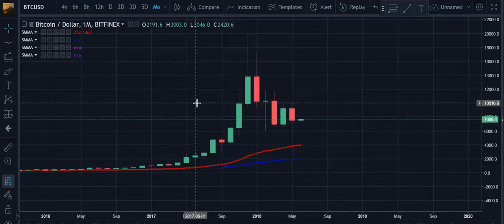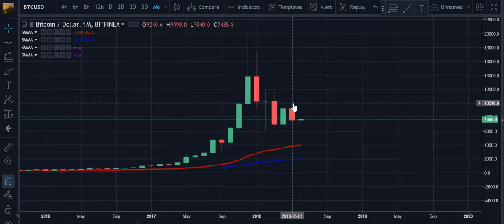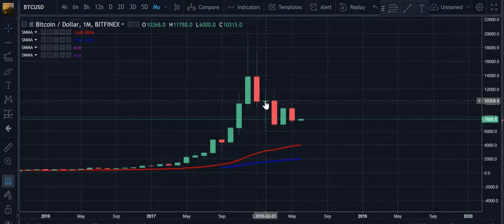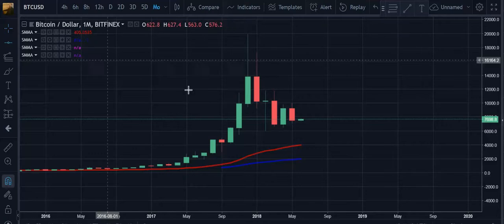Can I choose this line here? Yes, why not? That line sounds like a good one. Recently, the last 2 months it acted like a resistance. It was almost the closing price here. We have a nice doji here. Here it acted like a support. Here was a resistance. So I'm going to mark this line.